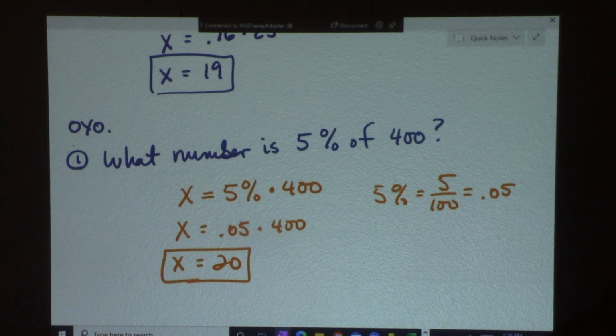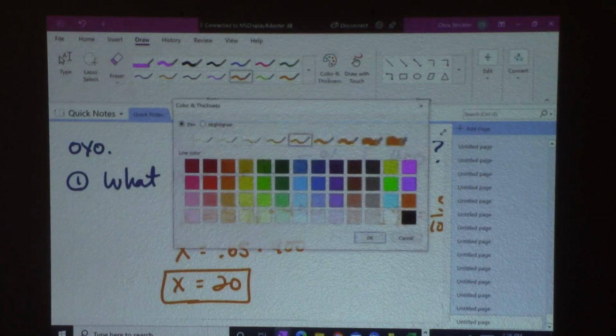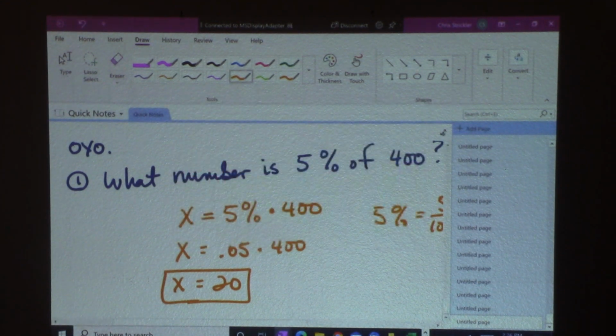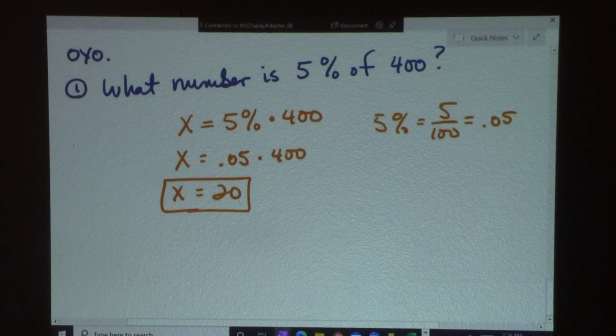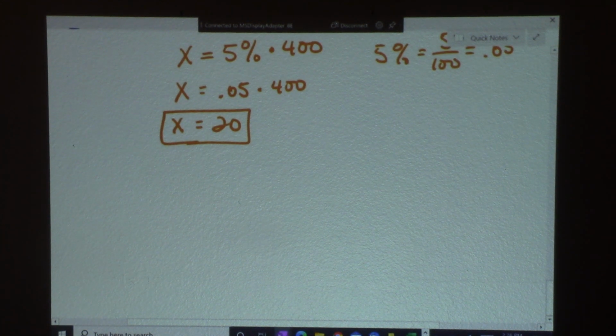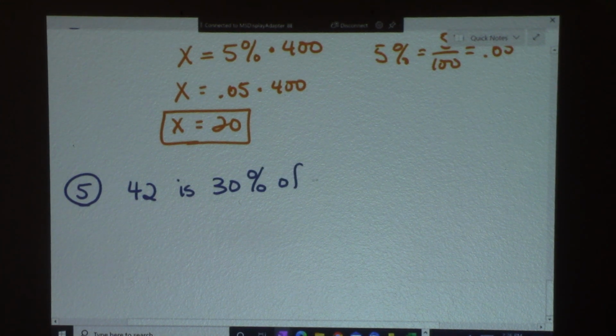Okay, we have one more type of percent problem, and we're going to do 2 of those and our last one, and then we'll be finished. So here's number 5. 42 is 30% of what number?